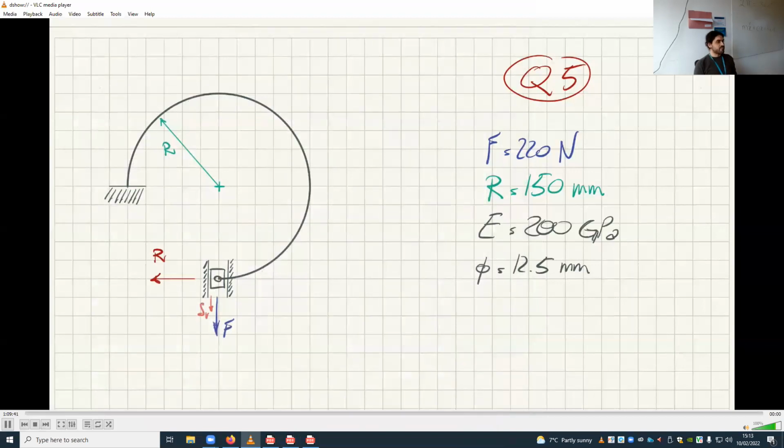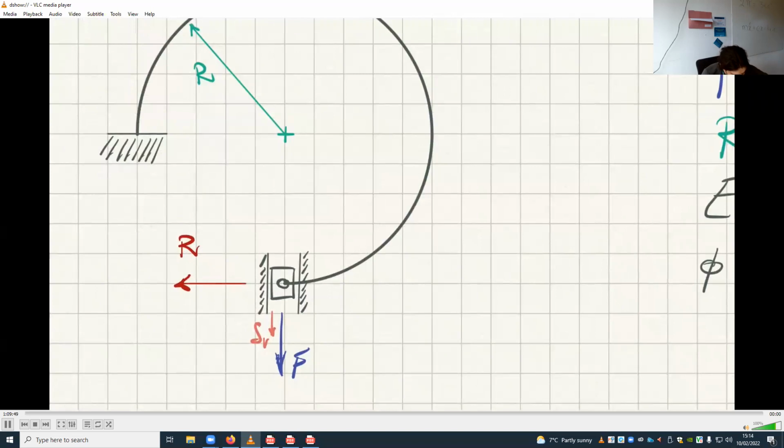Okay, so let's make it a bit more interesting. I want to find R. How do I find R? Well, I know the delta H. Delta H is 0. We know that. So with Castigliano's theorem, I can find dU in dR, the derivative of the energy in dR, but that will give me delta H, which I know is 0.